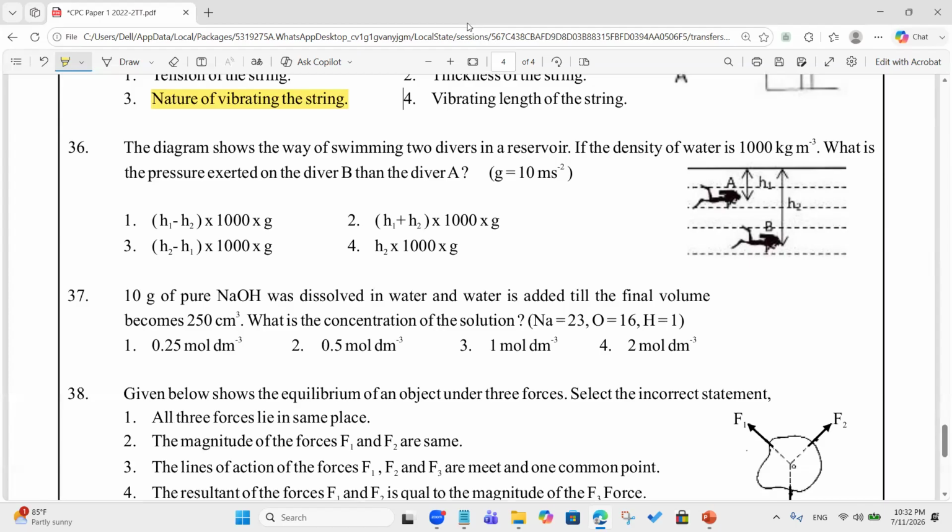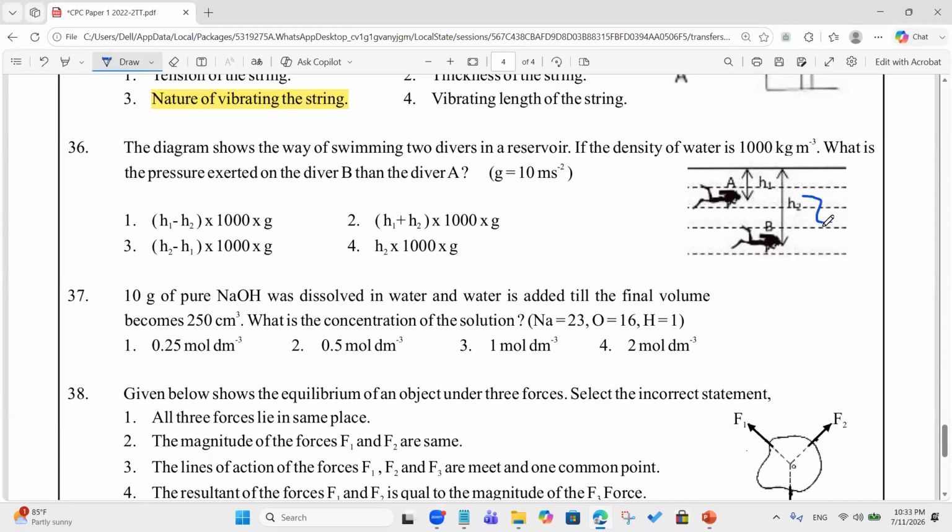So here in this question, you can see there's a difference of this height, right? They ask you to find what is the pressure exerted on diver B than A. The height from A to the surface is H1, and B to the surface is H2.